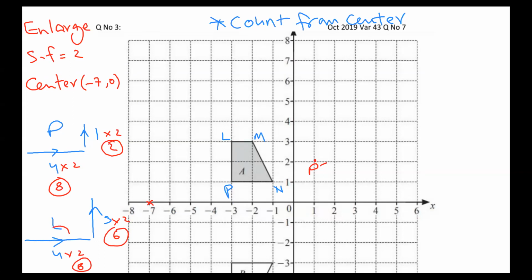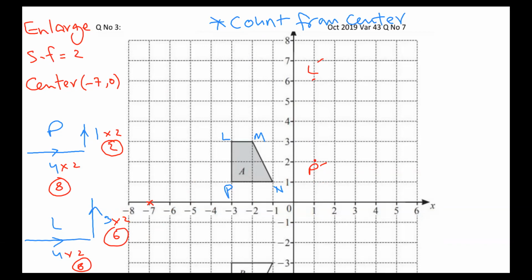This arrow says go right from the center 8, and this arrow says upward. Count from the center. 1, 2, 3, 4, 5, 6, 7, 8, and 6 up, 1, 2, 3, 4, 5, 6. So this point I got. I marked it first and then erased. I believe you understood L dash.